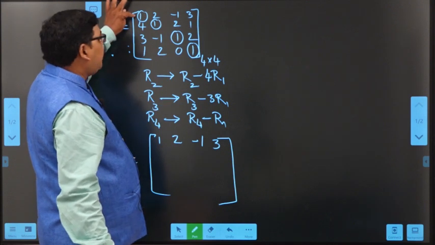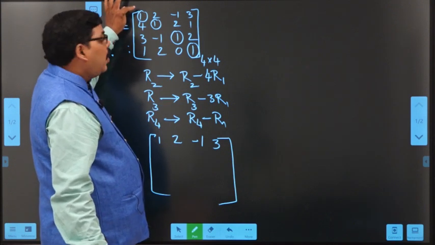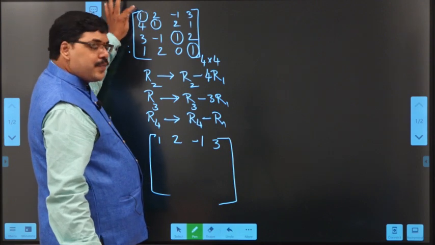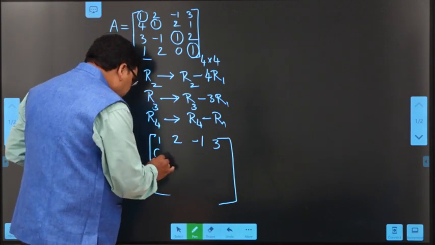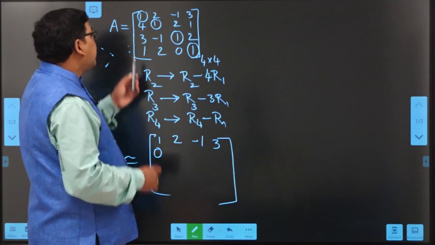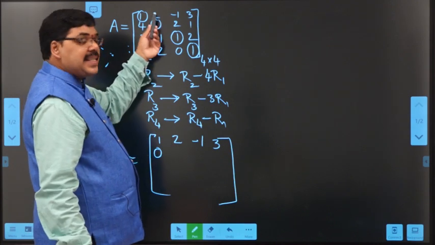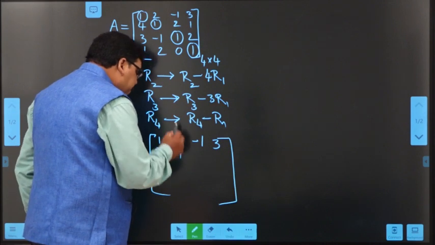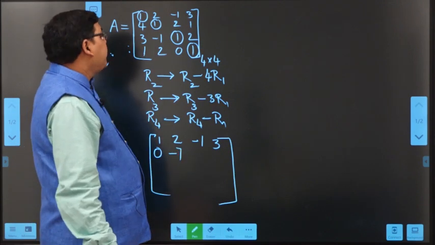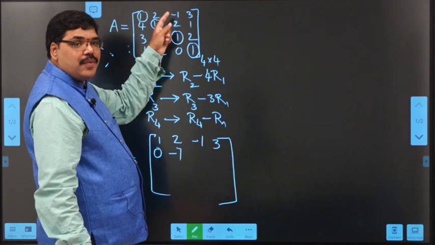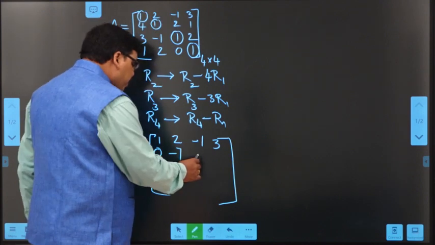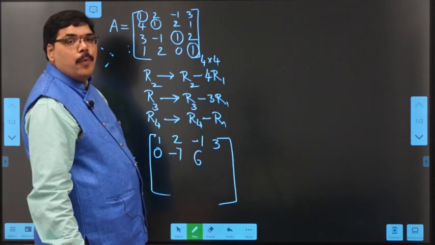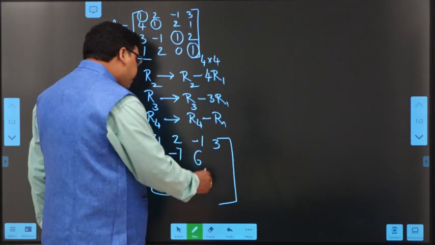If I multiply the first row with 4, 1 into 4, 4, 4 minus 4 becomes 0. Similarly, 1 minus 8, minus 7, and 2 minus of minus 4, 2 plus 4, 6, 1 minus 12.